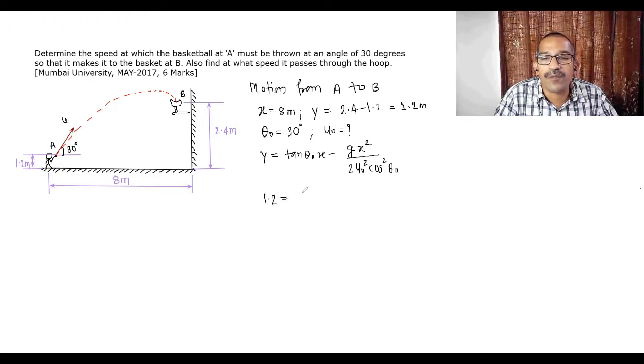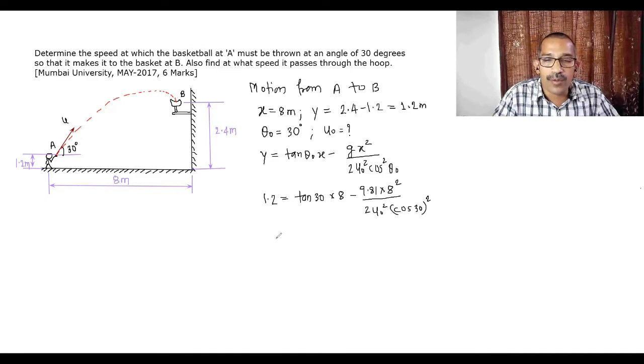Tan theta 0 means tan of 30 degrees into x which is 8, minus 9.81, which is the g value, times 8 meter squared, upon 2 u0 square cos square of 30 degrees.